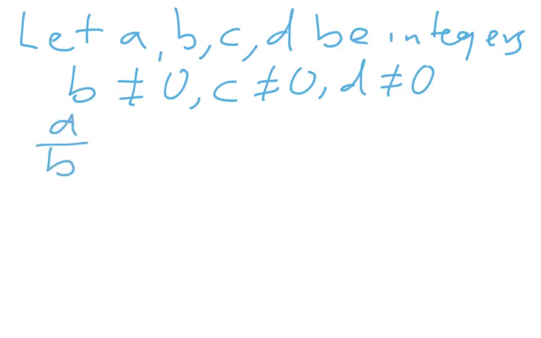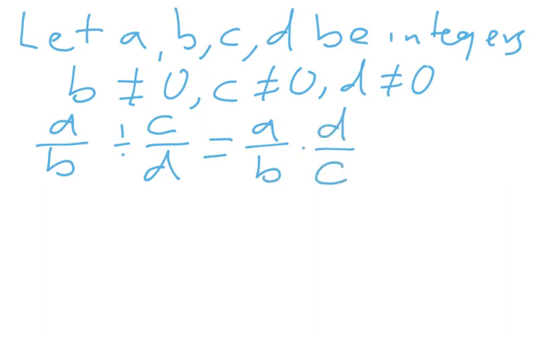A over B divided by C over D, so you can see why B and D cannot be 0 here, is equal to A over B times D over C. Take the second fraction and flip it over. The fancy word there is the reciprocal, and then that becomes A times D over B times C. And you can see why C can't be 0 either.